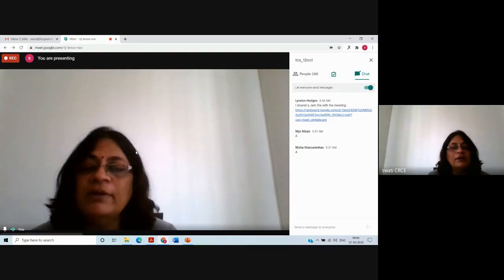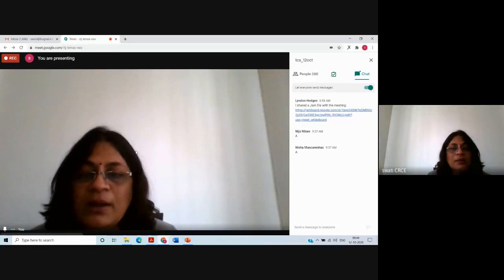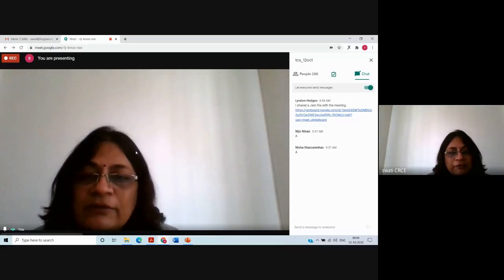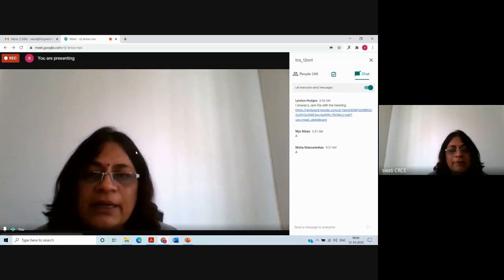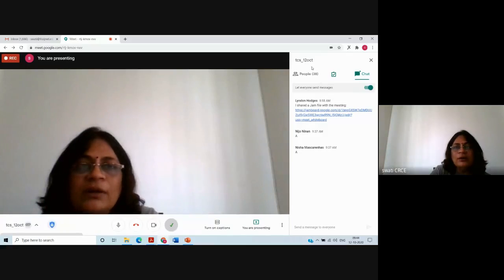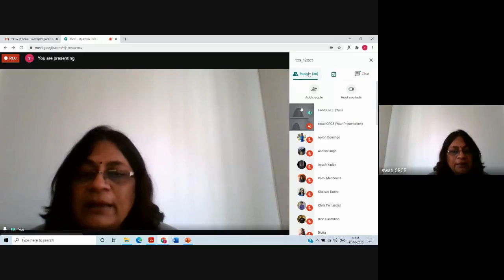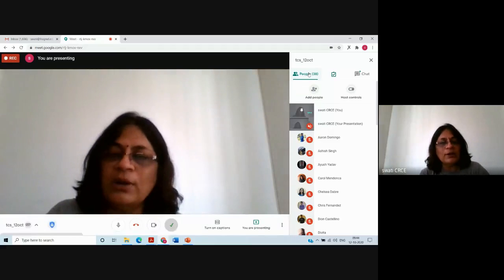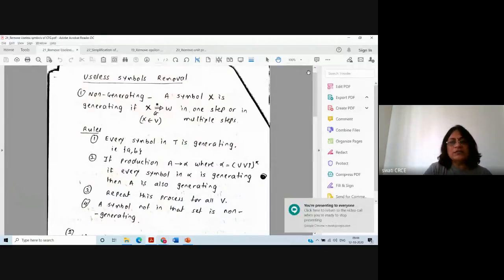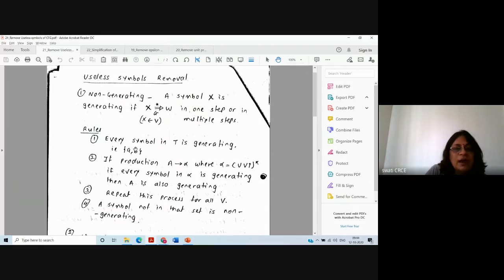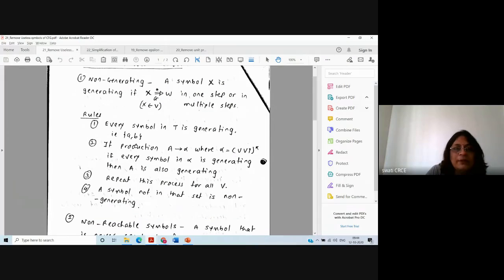Means we have learned about removal of P. Now the symbols are there in the V and symbols are there in the T, capital T. So we are going to learn about removal of symbols from V and T. Okay, so that is called removal of useless symbols. Now there are two types of useless symbols: non-generating useless symbols and non-reachable symbols.